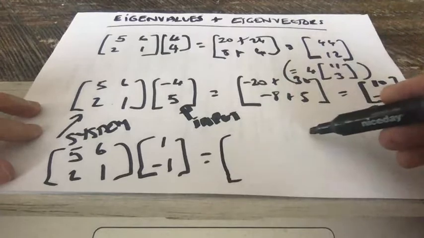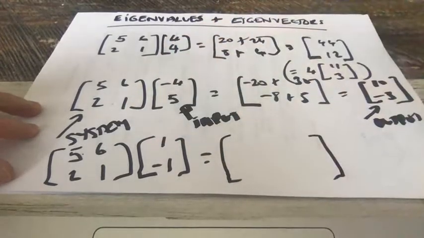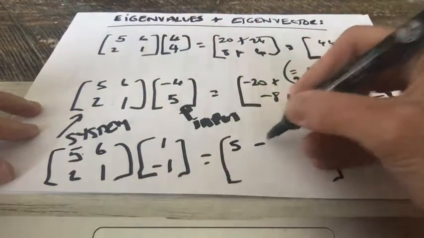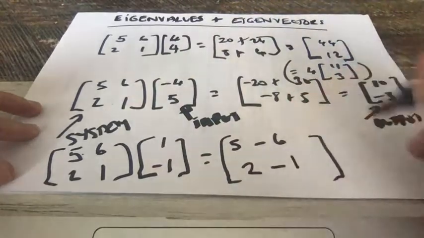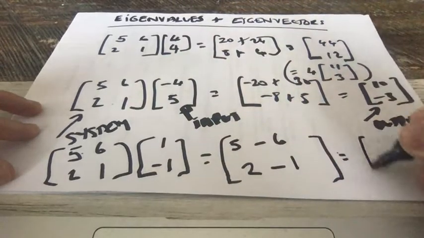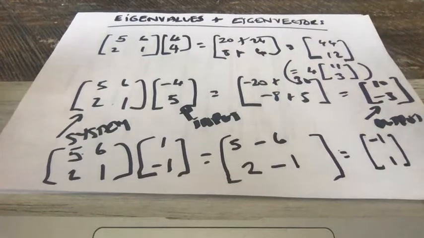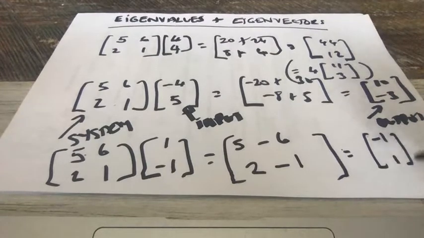So you multiply the top one, you get 5 by 1, which is 5, minus 6 on top, and you get 2 minus 1 below. And so on top here, you get minus 1, and you get 1. So if I input 1, minus 1 into the system, I get minus 1, 1 as my output.